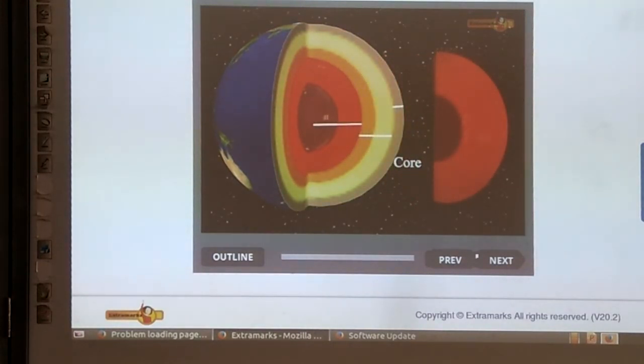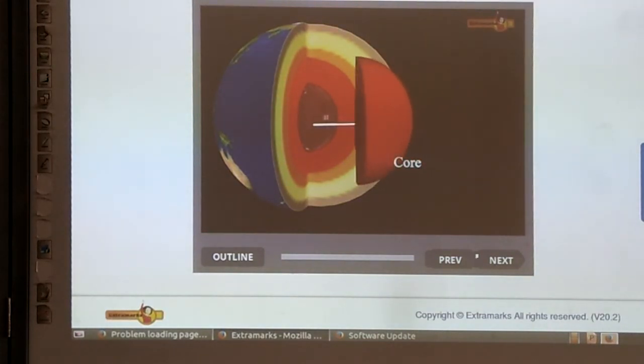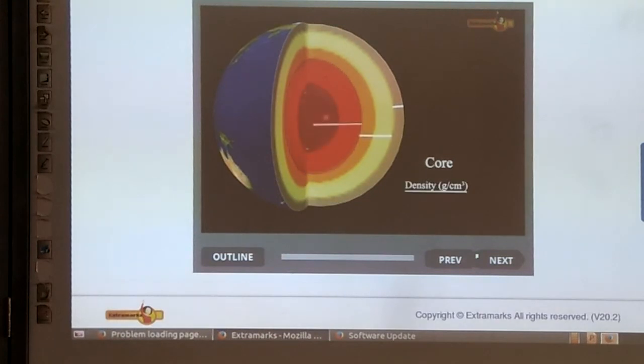The inner core is solid and is about 1,300 kilometers thick. The outer core is about 2,200 kilometers thick and is so hot that the matter is always in the molten state. The fluid contains iron, which on moving generates Earth's magnetic field. The density of the inner core is 13 grams per cubic centimeter, whereas the density of the outer core is 5 grams per cubic centimeter.